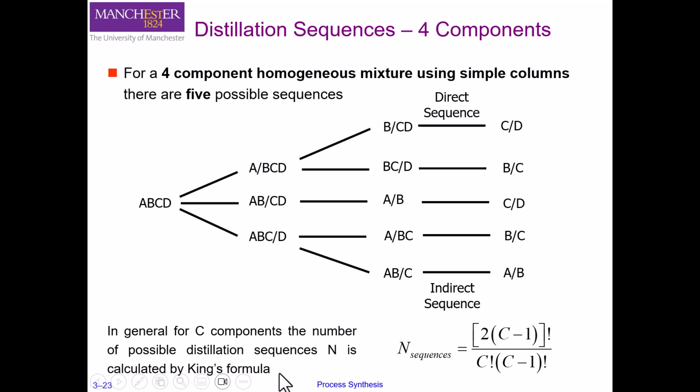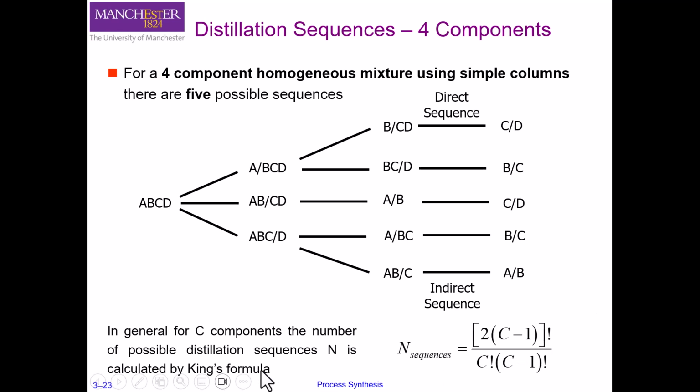It's called King's formula, and King's formula is where, if let's say you have C components, based on the number of components, you can calculate how many sequences are possible. So if you put, for example, 4 here, so C will be 4, and you calculate the number of sequences for 4 components, you will have 5 sequences.